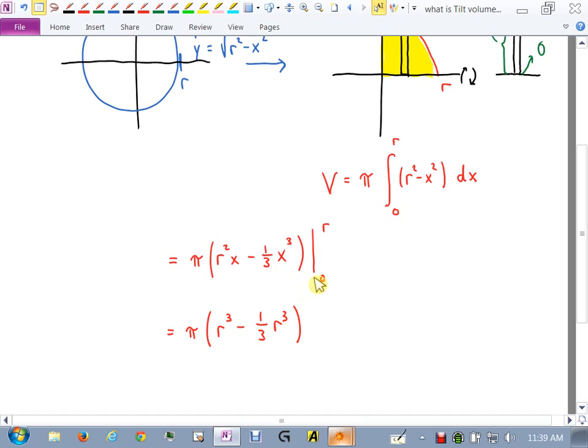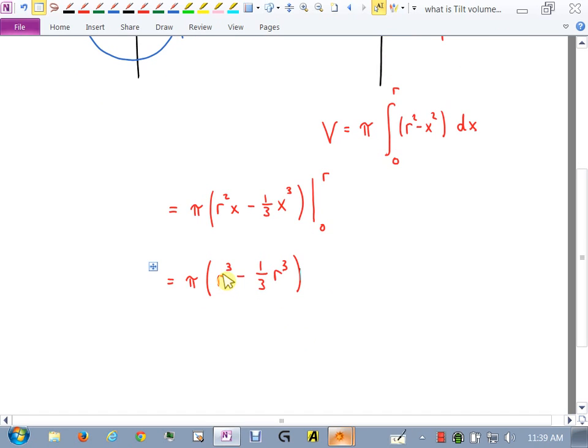And then what would happen if I plug in 0? You get 0, so there's nothing there. So what's r cubed take away 1/3 r cubed? 2/3 r cubed. So I've got pi times 2/3 r cubed, which is 2/3 pi r cubed. But remember, this was only half of it. So if I want the whole thing, I just double this answer. We're done. Right?